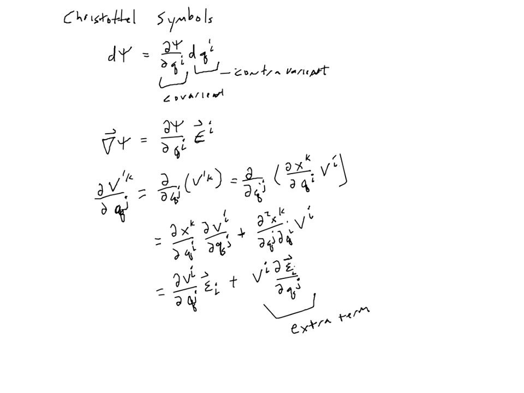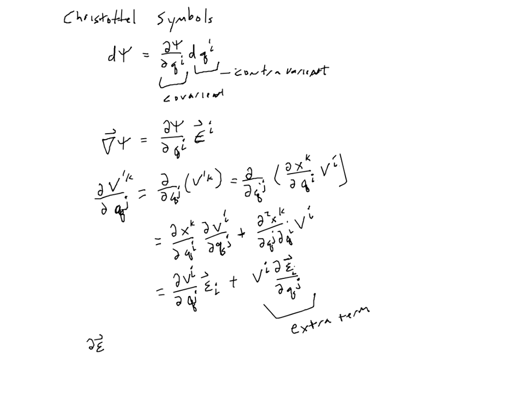Because after all, if epsilon i is a constant, that term goes away. And if I'm talking about Cartesian coordinates, it's a constant, that's no problem. But if I'm talking about spherical coordinates or cylindrical coordinates or anything else, that term is non-zero, and I've got a problem, right? So this term we've got to figure out what to do with.